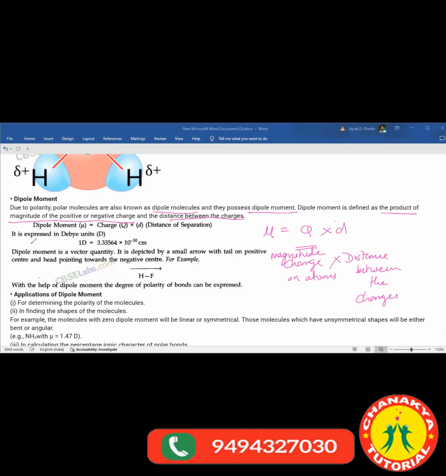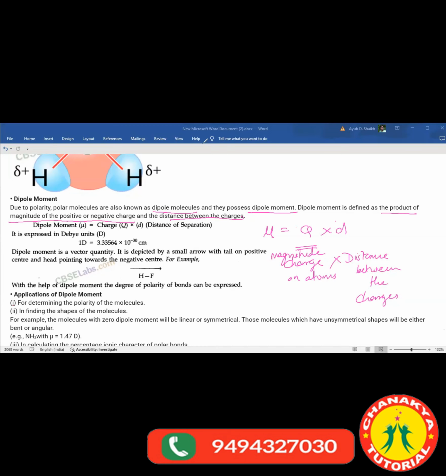The unit is Debye, noted with a capital D. 1 Debye is equal to 3.33564 times 10 raised to the power minus 30 coulomb meter. This also you need to keep in your mind. Please write it down somewhere in your notebook.